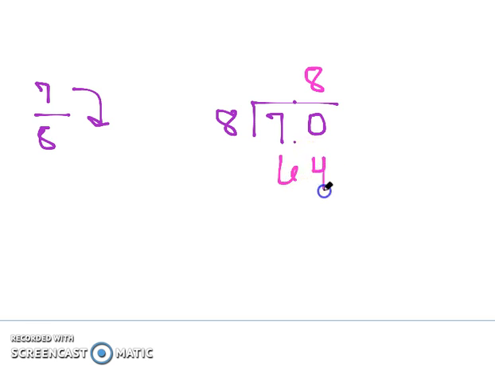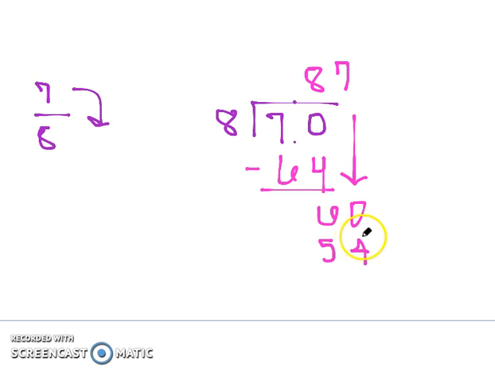The difference is 6. 8 can go into 67 times. 7 times 8 is 54. No, it's 56. And the difference is 4. Let's erase that.